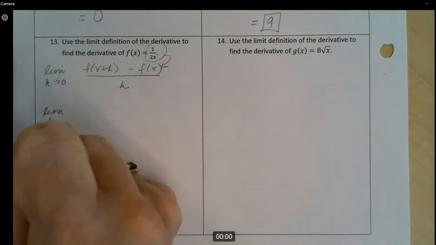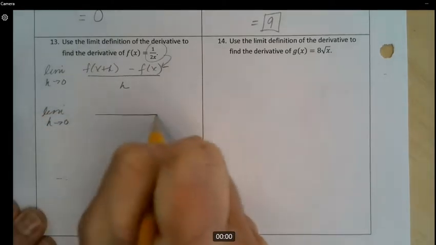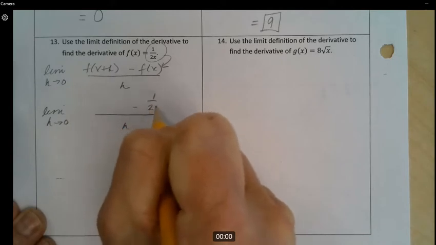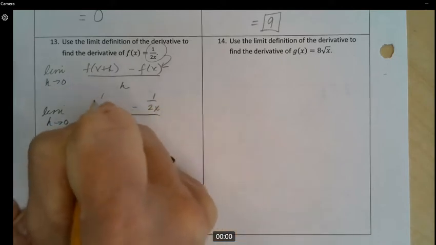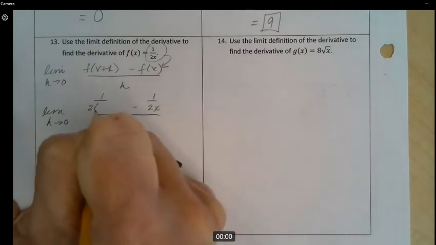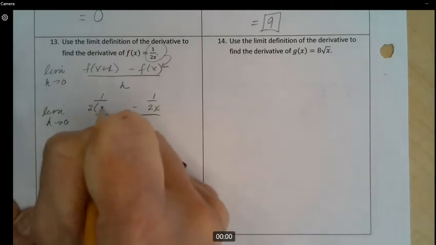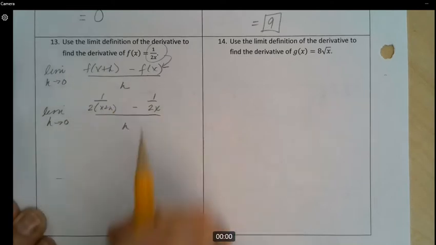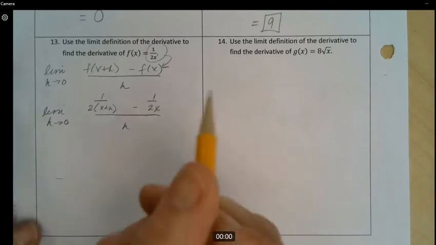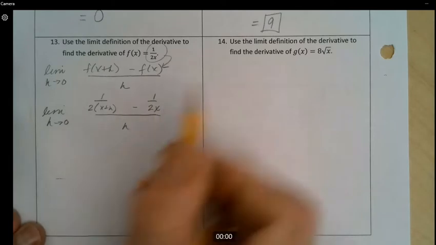So the limit as h approaches 0, it's all over h, and my original function is 1 over 2x, and my next function is 1 over 2 times, careful here, x plus h. Those parentheses are key. So I need to find a common denominator. Each of these has a 2.